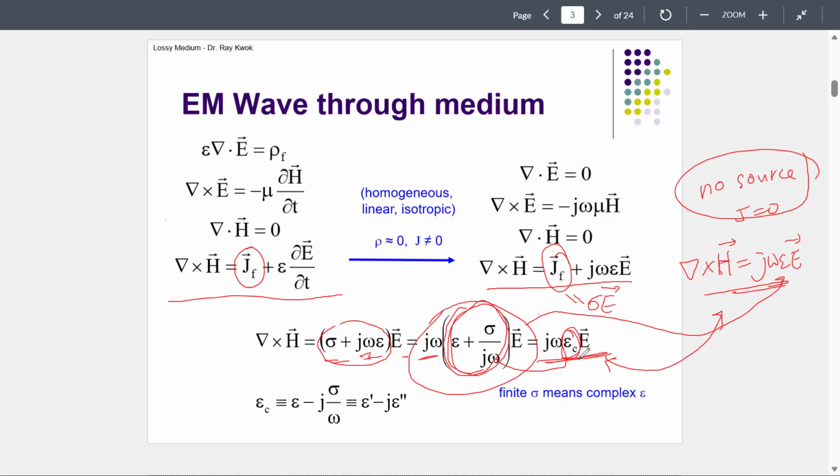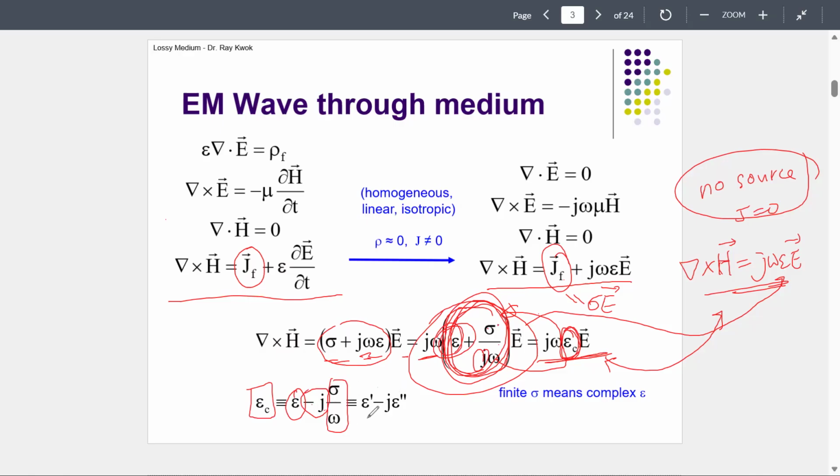Right, okay. So what is this complex epsilon? This complex epsilon is equal to this, right? And because I have a J here, it's always a complex number. So we call this a complex permittivity, whose real part is just epsilon. The imaginary part, 1 over J is minus J, right? So that's why this is always negative J, and the rest is just sigma over omega.